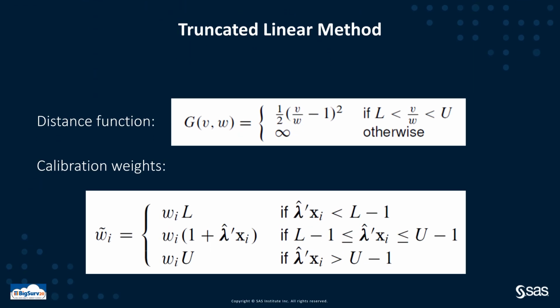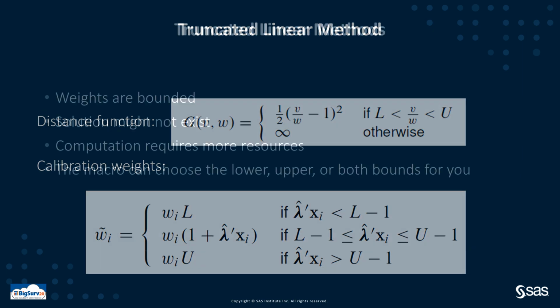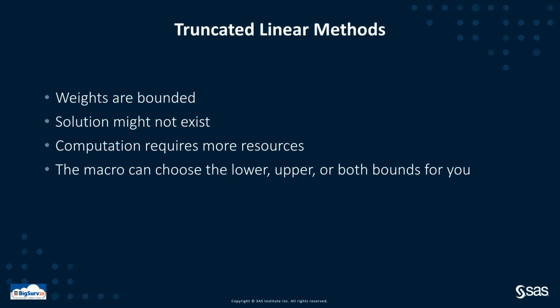The third method is called the truncated linear method. It uses a modified generalized chi-square distance function g shown over here. The ratio of the final calibration weights over the original weights is bounded by L and U. When there is a solution, the truncated linear method creates bounded calibration weights.